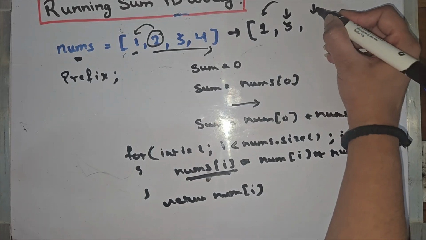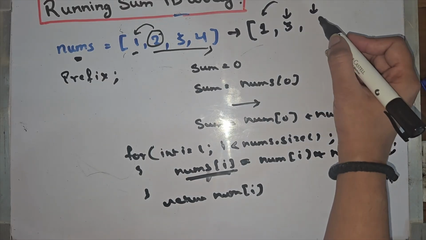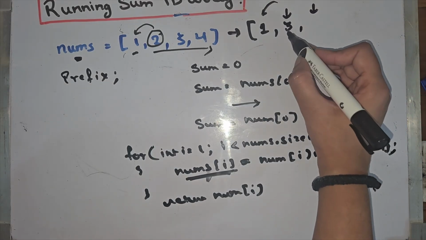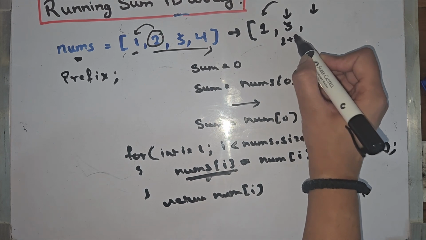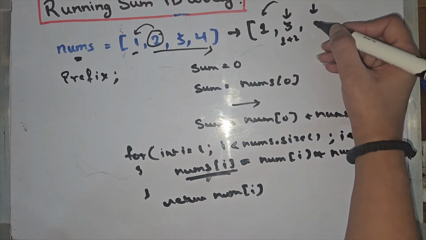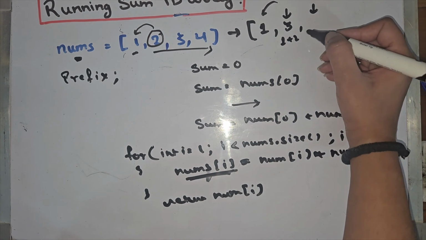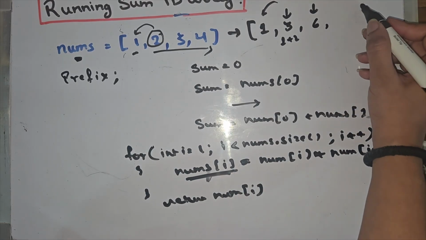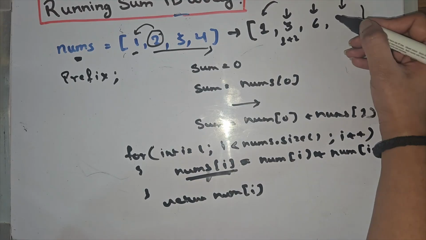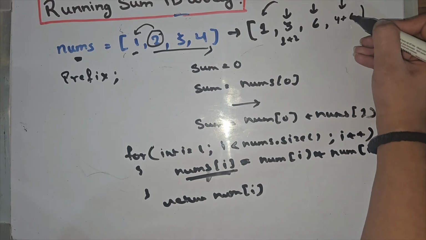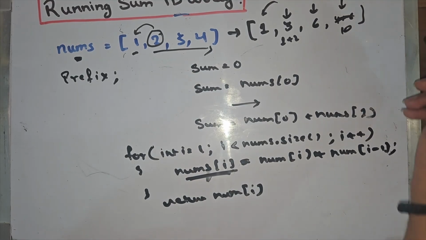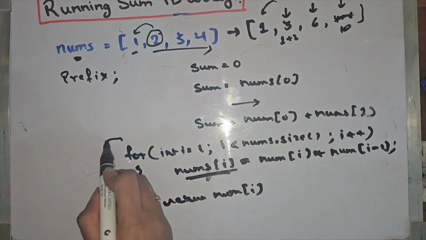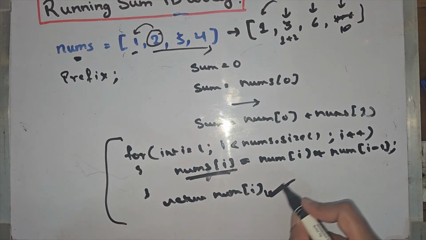For next element we will do this element plus previous element, because this already has these two. So this will become 3 plus the previous element, which is 6. For next element, this element which is 4 plus 6, so this will become 10. So we have this answer in the existing array and we can return this.